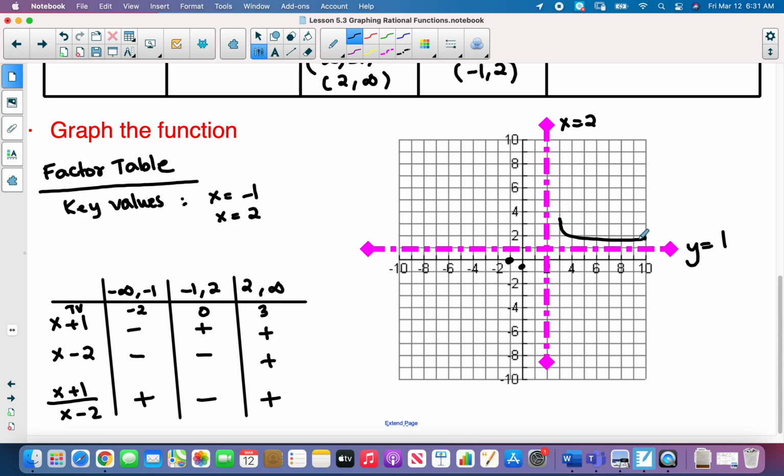It's going to be approaching it like that. And here, it's going to be approaching it like that. So up till negative 1, it's above the x-axis, which is where it's positive. And then from negative 1 to 2, it's below the x-axis, so it's negative.